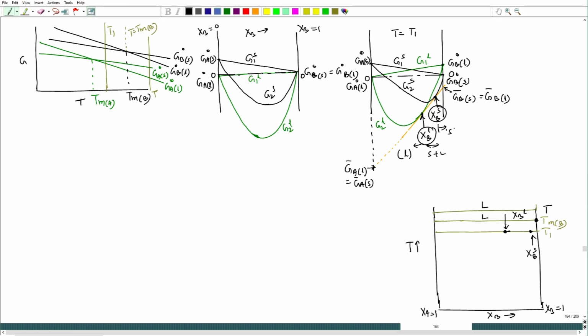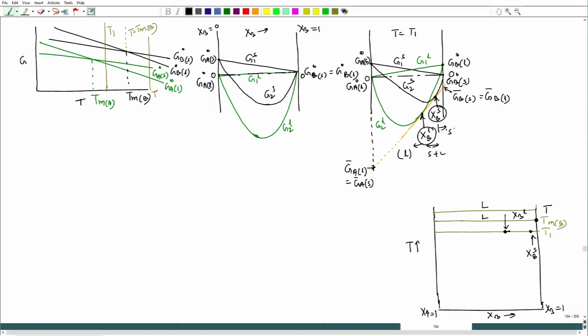Okay. Fine. So, in between this X B L and X B S, we have both solid and liquid coexisting, and their compositions will be X B L and X B S. For any composition in between these two compositions, it will segregate into two phases of composition X B L and X B S.